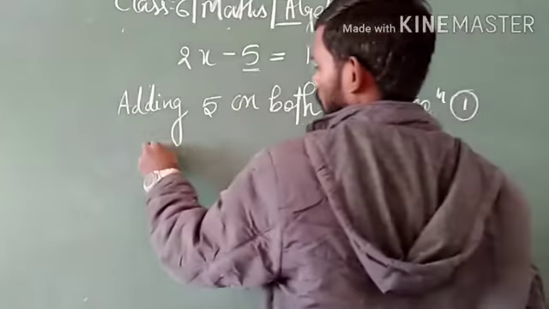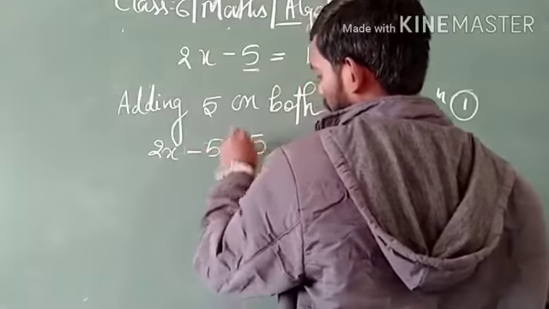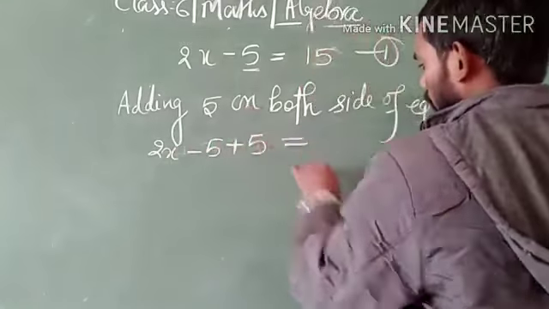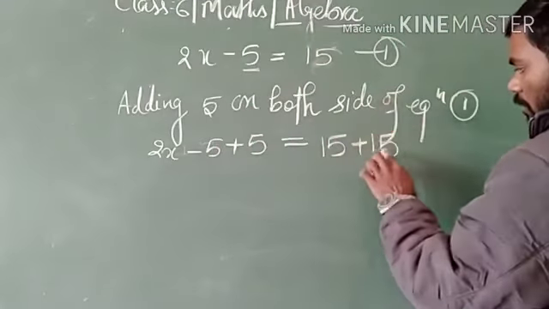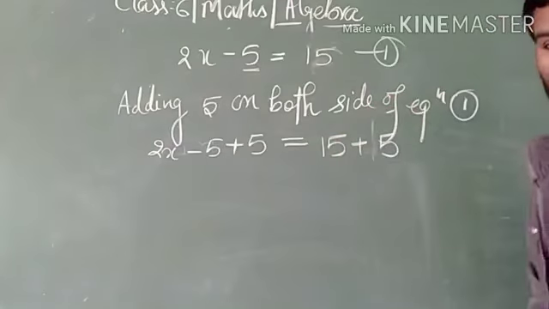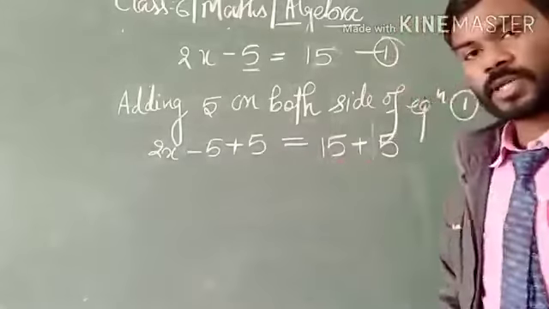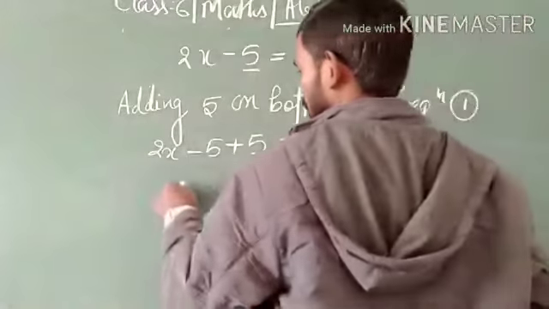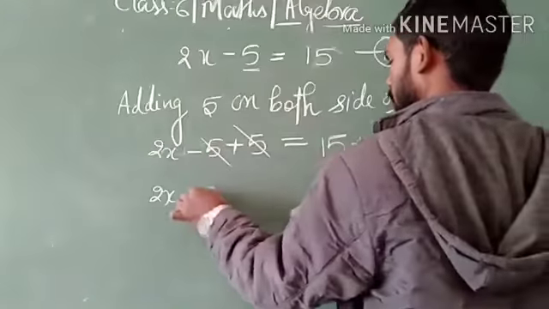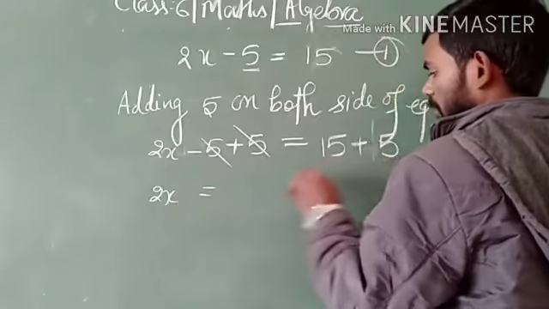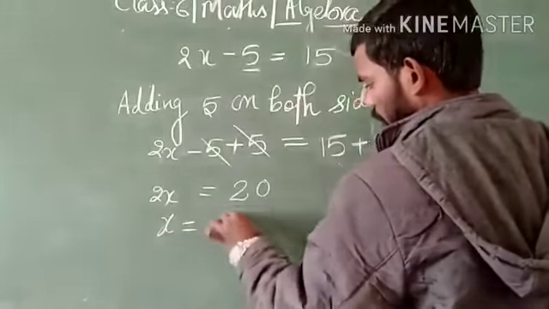We get 2x minus 5 plus 5 equal to 15 plus 5. Okay, we have operated 5 on both sides and now here we get 2x, 5 and 5 cancelled out, is equal to 15 plus 5, 20, and x is equal to.